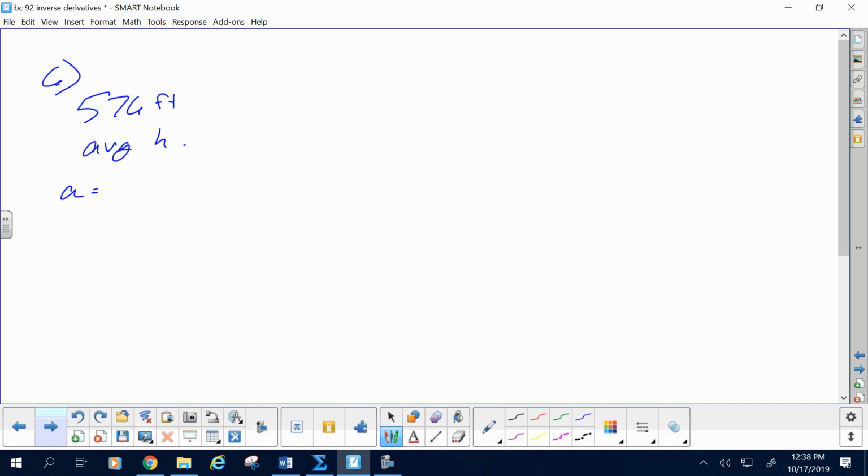Negative 9.8? No, because in this case it's feet. So first thing, if you had an error, make sure you use negative 32 instead of negative 9.8. We're cool? Now I can't find average height until I know the height equation, yeah? All right, so how do I get from acceleration to velocity?